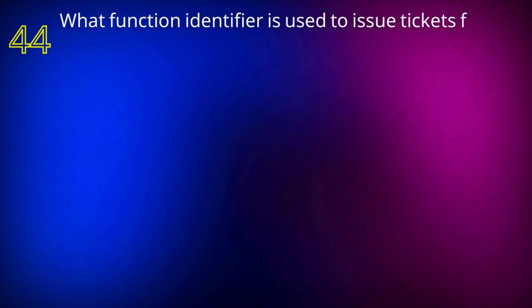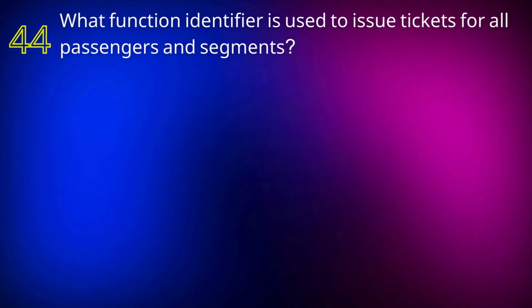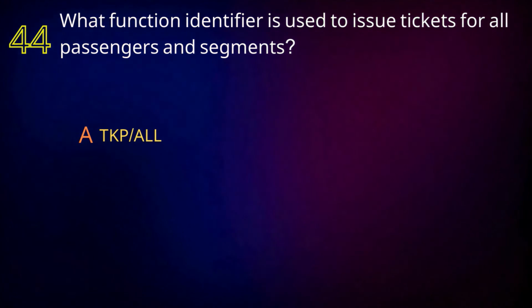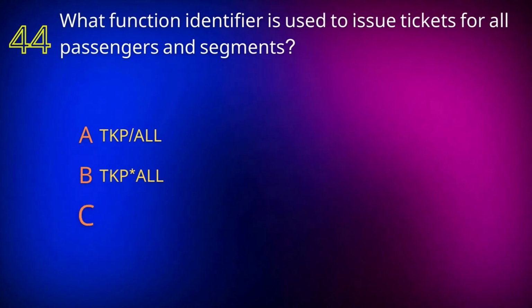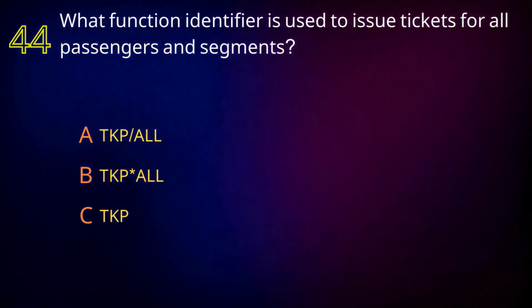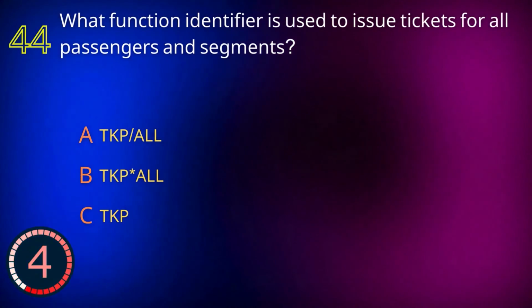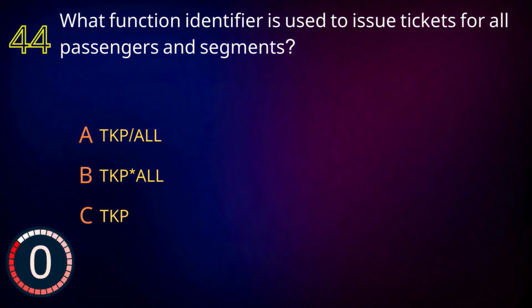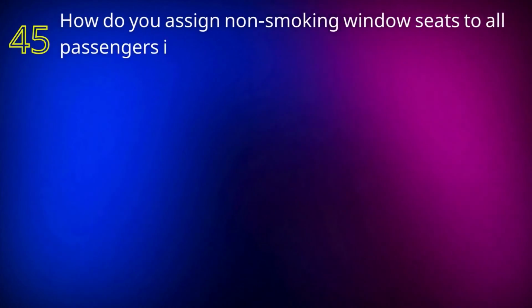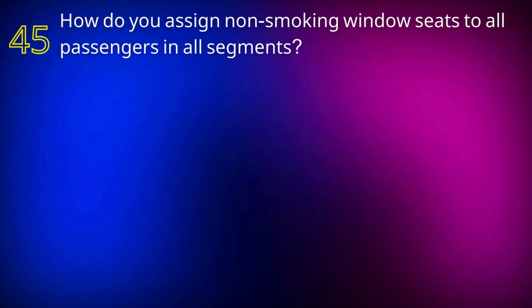What function identifier is used to issue tickets for all passengers and segments? How do you assign non-smoking window seats to all passengers in all segments?